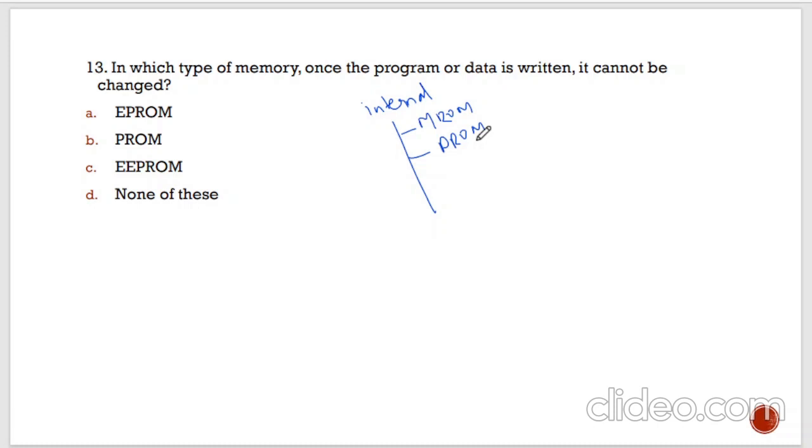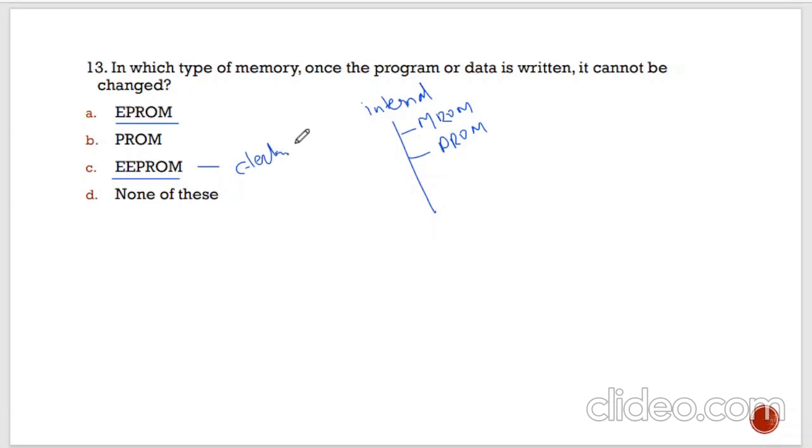Next we have PROM, programmable read-only memory, and EPROM, erasable programmable read-only memory. And EEPROM is electrically erasable programmable read-only memory.